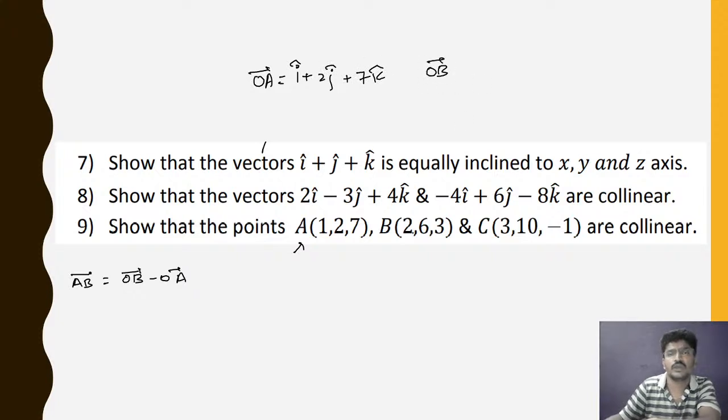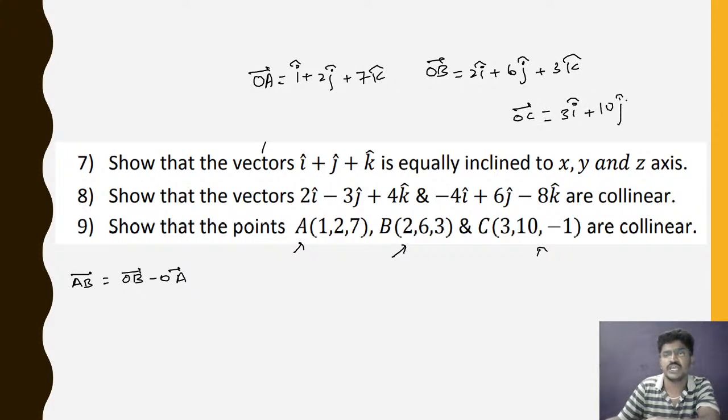Now write OB: 2i cap plus 6j cap plus 3k cap. From this you write OC vector, that is 3i cap plus 10j cap minus k cap.